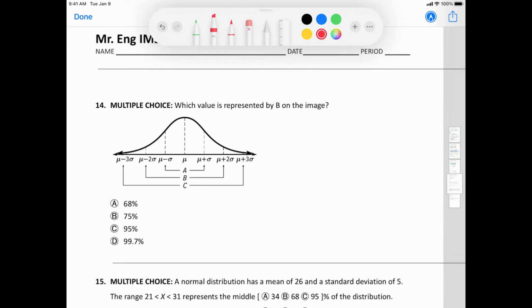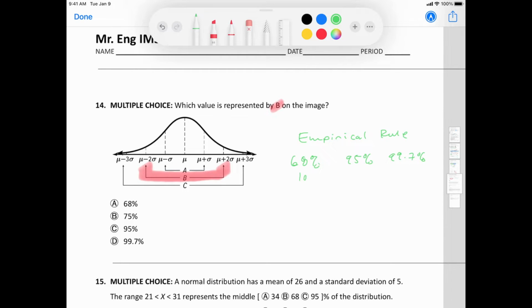Number 14. Which value is represented by B on the image? So here's B. And notice there you have 2 standard deviations. So that is called the empirical rule. And the empirical rule is 68, 95, and 99.7%.